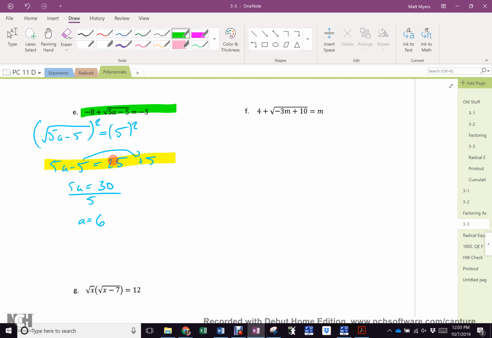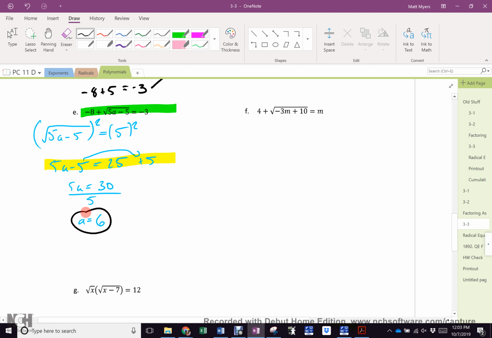So here, let's check. What is 5 times 6? 30. What's 30 minus 5? What is the square root of 25? So I have negative 8 plus 5 equals negative 3. Is that true? Yes. So we have the right answer.